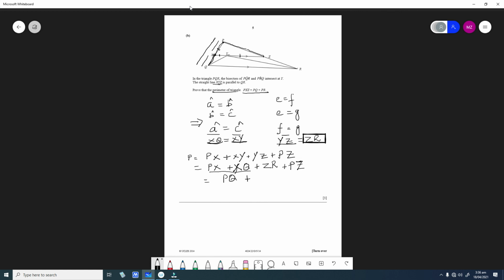So this is our ZR and this is our PZ, and the sum of these two will be equal to this whole side, that is PR.